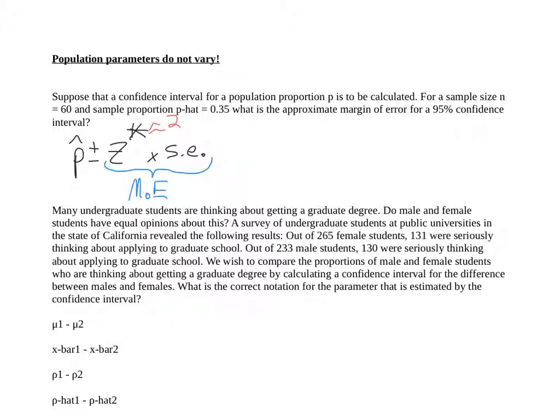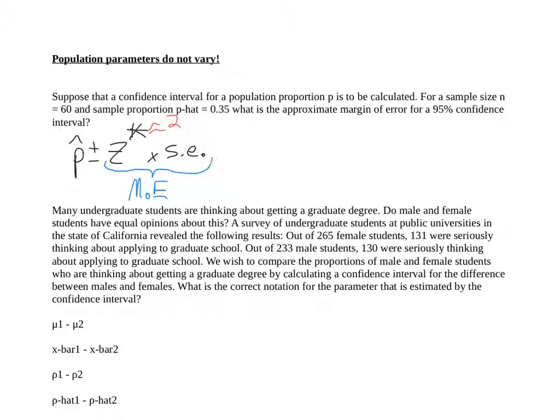Now, quick note, this Z star, this multiplier, basically tells us how wide or how narrow our interval is going to be. Basically, how confident we're going to be that this interval we're creating is going to contain the true population parameter. Notice how in this formula here, I've got no population parameters. P hat is a statistic. This right here, the multiplier, comes from a table.